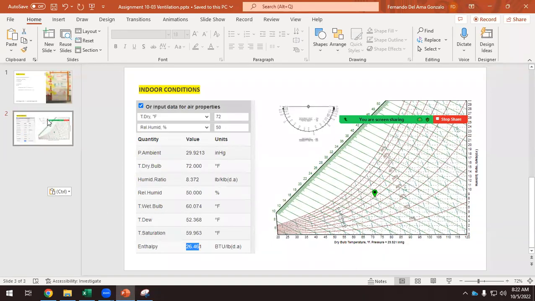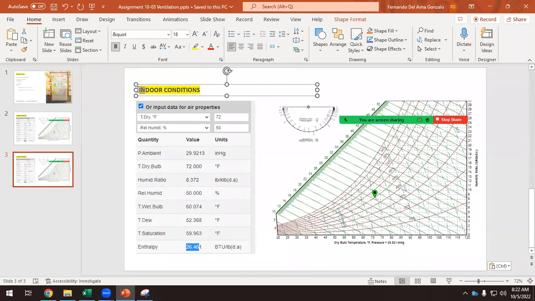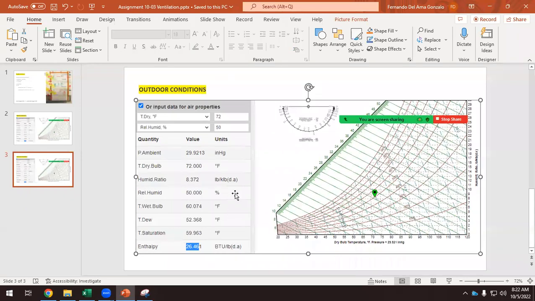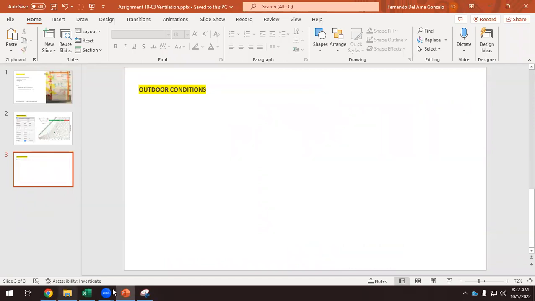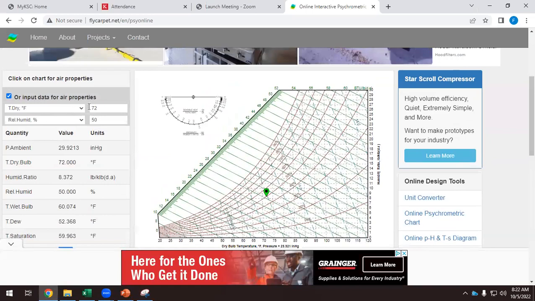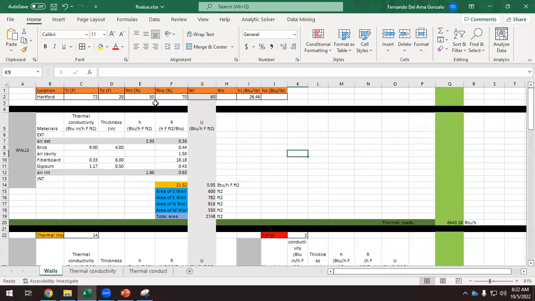And now I have to copy this, another slide, and we need the same, but with the outdoor conditions. I delete this chart and I have to go to the psychrometric chart. What are the outdoor conditions? 20 Fahrenheit outdoor temperature, 70 is the relative humidity.